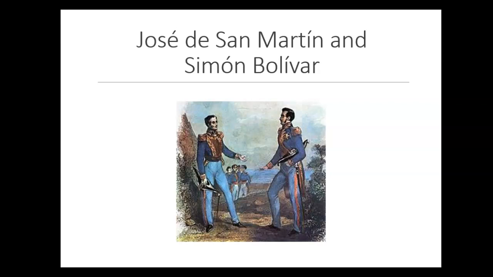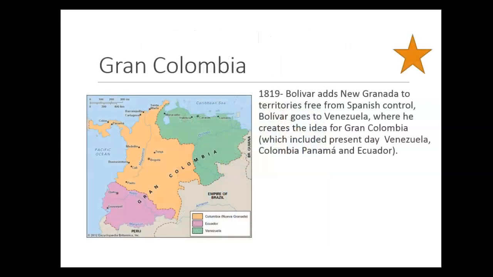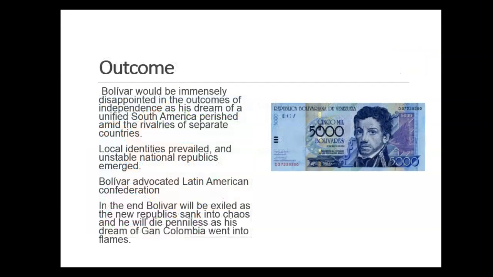Bolívar then took Peru, Bolivia, Venezuela, Ecuador, and Colombia, and banded them together to form his dream Gran Colombia. But Bolívar was immensely disappointed in the outcomes of independence, as his dream of a unified South America perished amid the rivalries of separate countries.